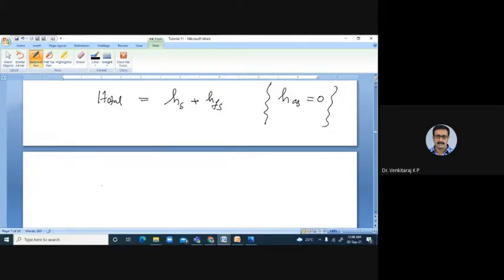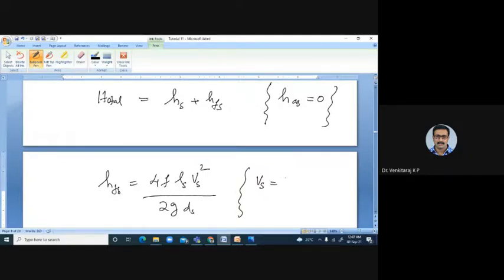Now this HFS you can calculate by using Darcy's equation, which is 4F LS Vs square by 2G ds. And in this equation, we have velocity of flow in suction Vs is AP by As omega R. So this equation we have derived in our lecture class.